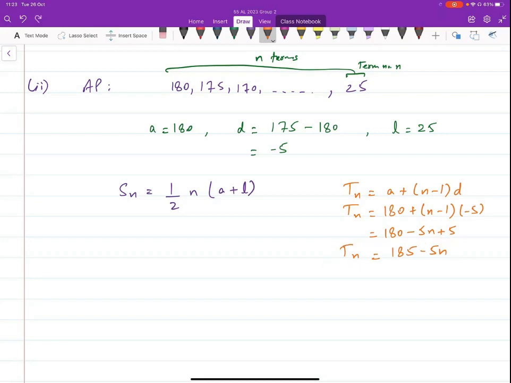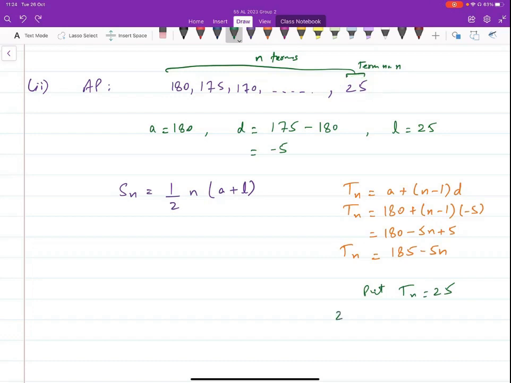For example, if you input n equals 1, you get 180. You input n equals 2, you get 175. You input n equals 3, you get 170. So what value of n will give you 25? You say let's input Tn equals 25. You know the value of that term is 25.